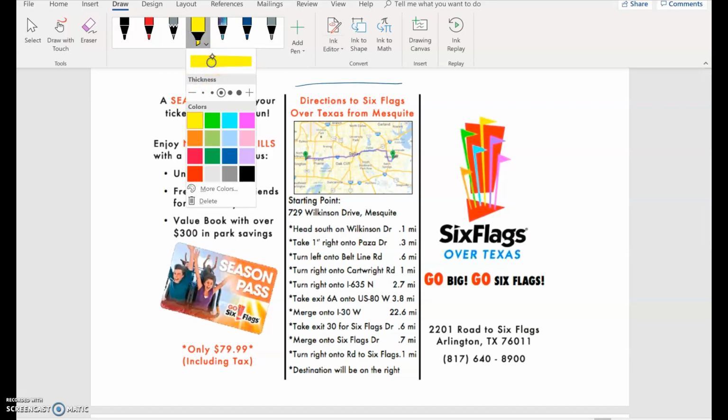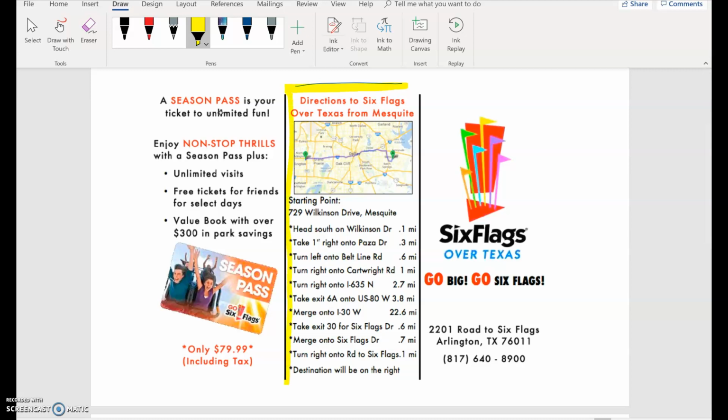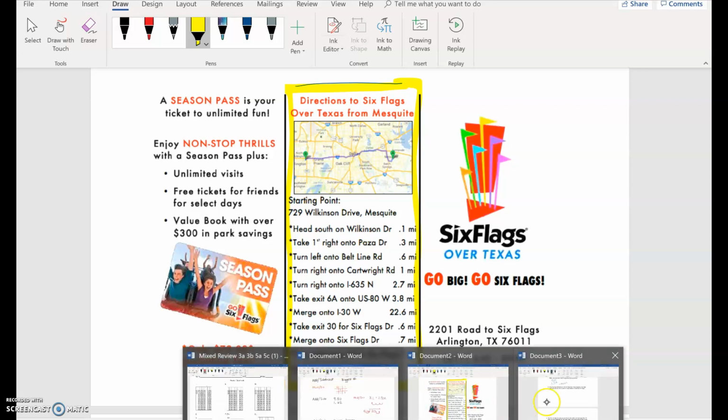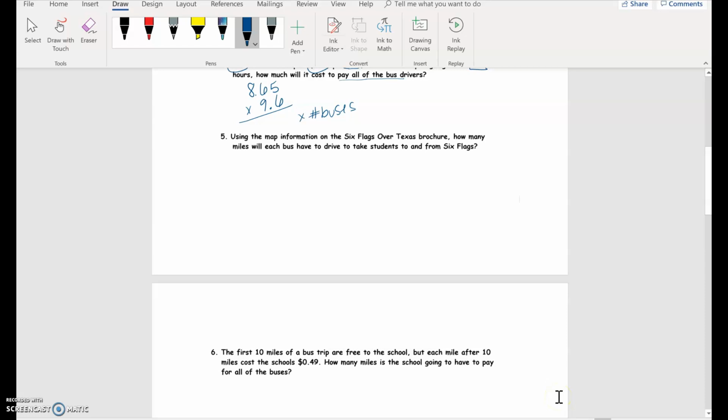These are my directions on how to get there. I need to know the total distance to get to Six Flags. So how many miles will one bus have to take?